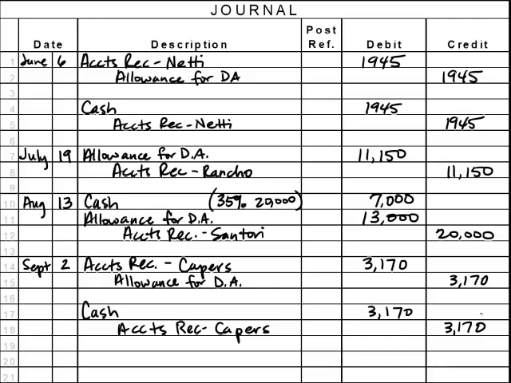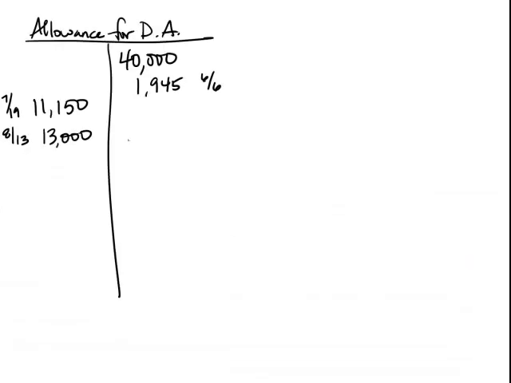Alright, so we need to post that $31.70 credit to allowance, to our T account for allowance. Okay. Do what now?